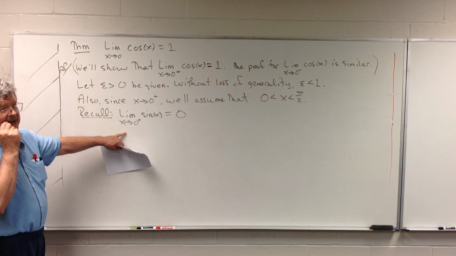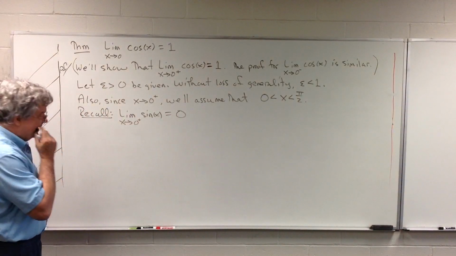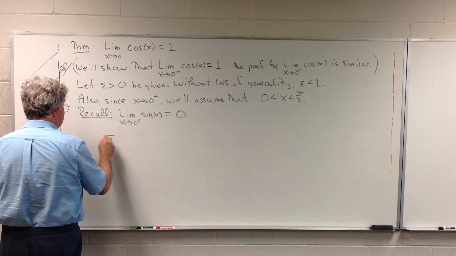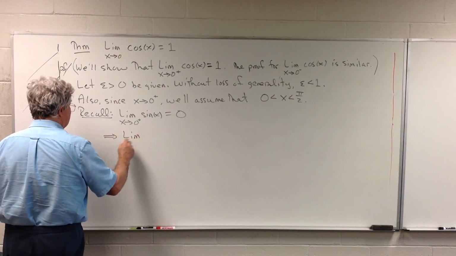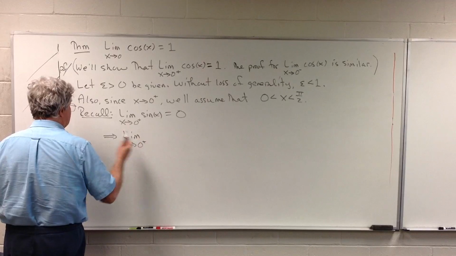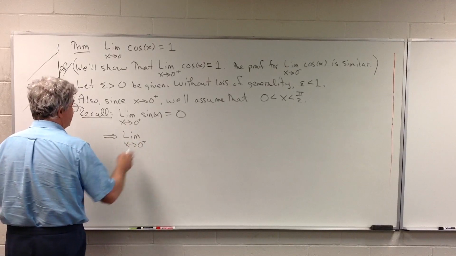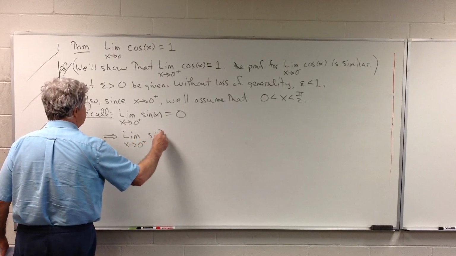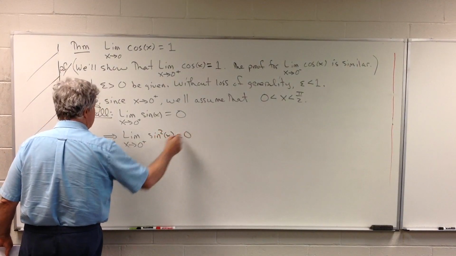This is what we just got through proving, and this is going to imply that the limit as x approaches 0 from the right of sine squared of x equals 0.